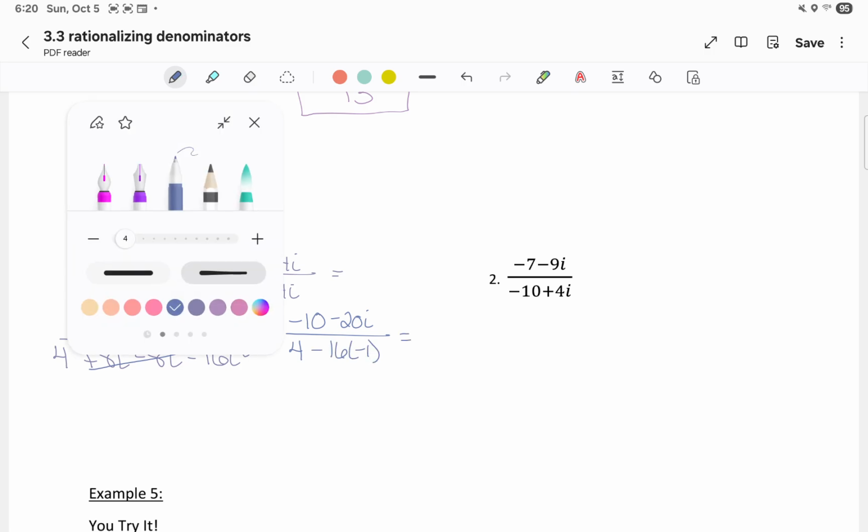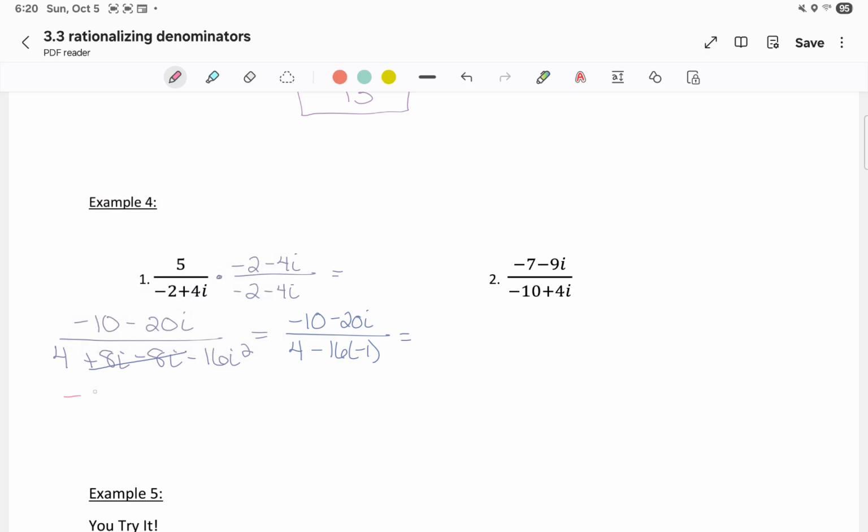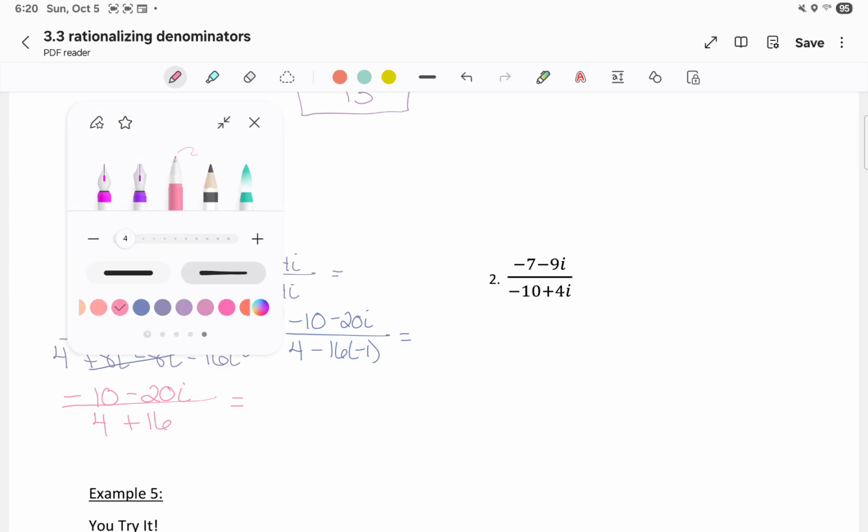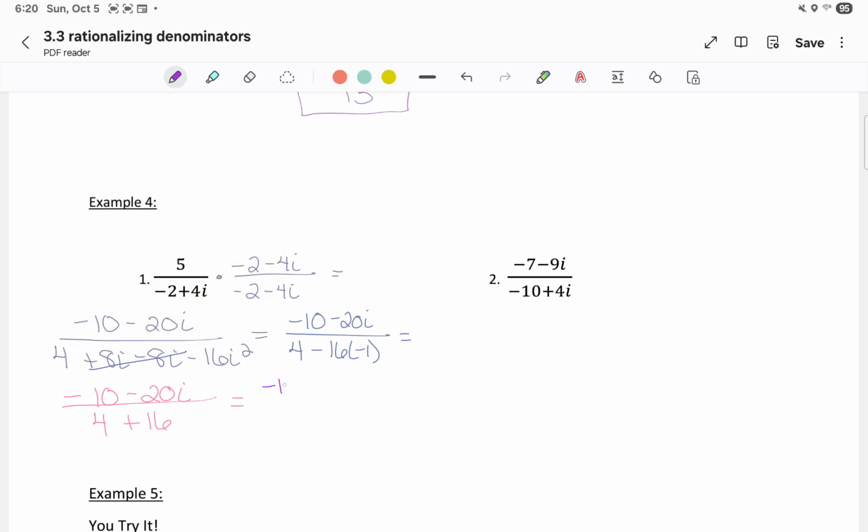So we have negative 10 minus 20i over 4 plus 16, which is negative 10 minus 20i over 20. And then we can actually reduce all of this by 10. So that's going to give us negative 1 minus 2i over 2.